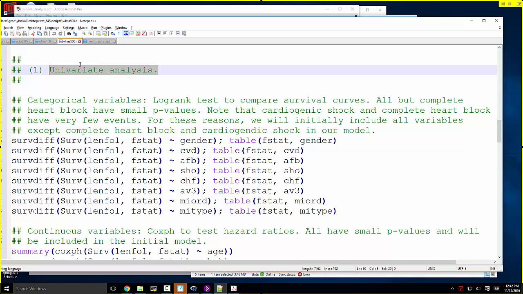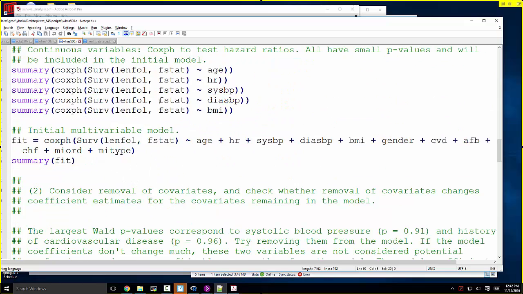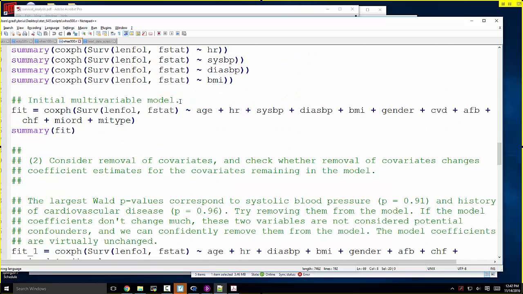What does the relationship seem to be, considering each one separately? Using one-by-one assessments, pick some of your covariates to consider as part of a multivariate model.